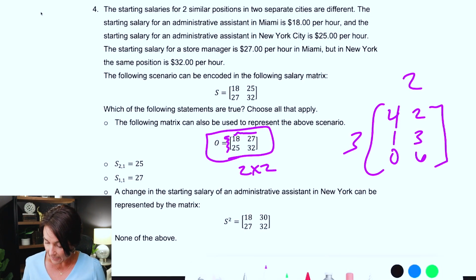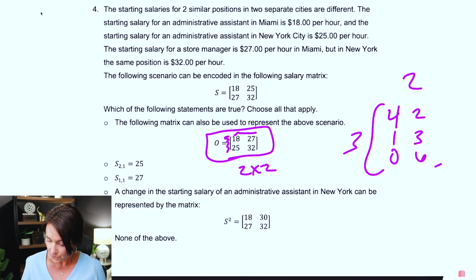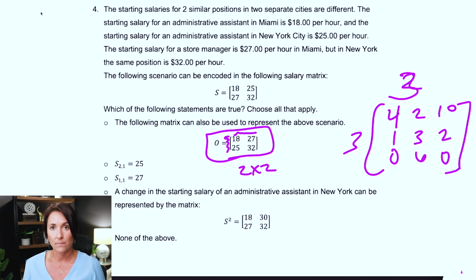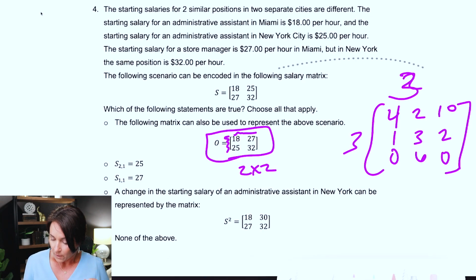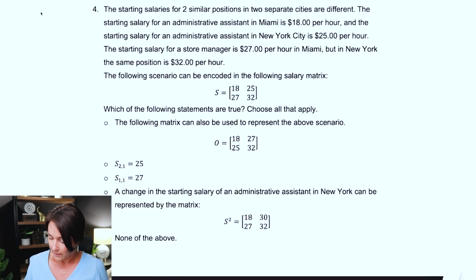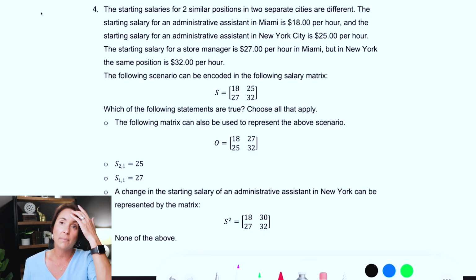If we were to add one more column here, and this was a 10, 2, and 0, this would be a 3 by 3 matrix. All right, that's all it is. You go row and then column when you're determining the dimensions of the matrix, okay? Now, that'll become more clear in a minute, but let's talk about this here.